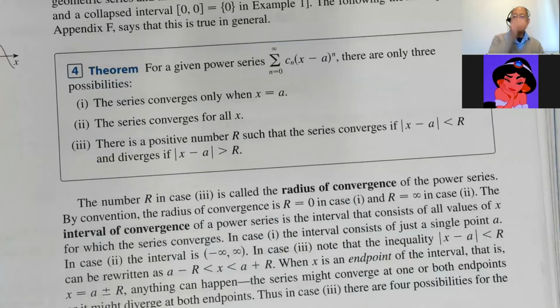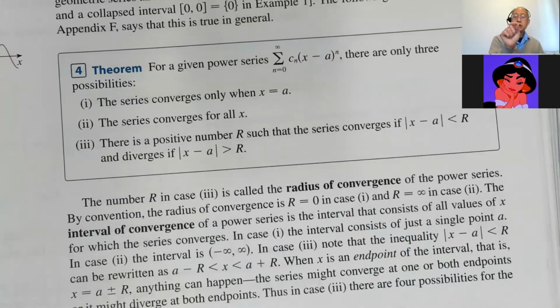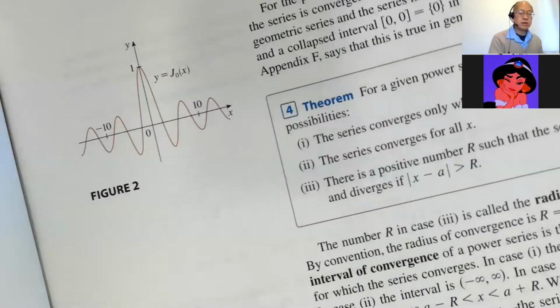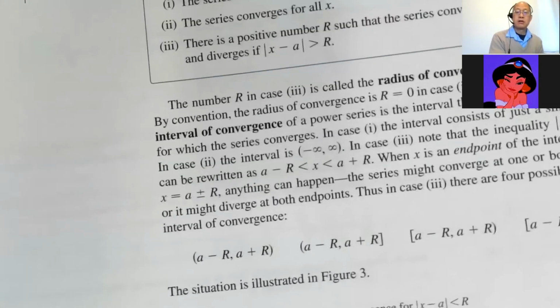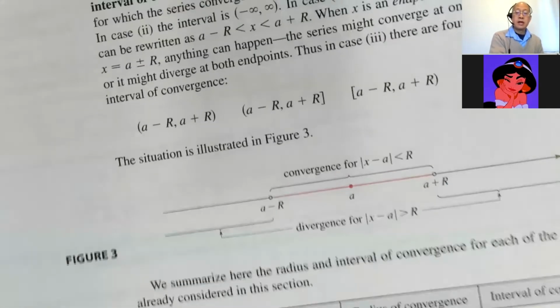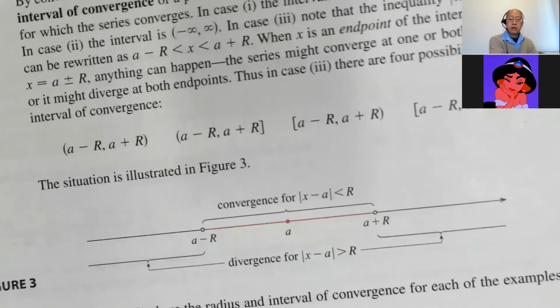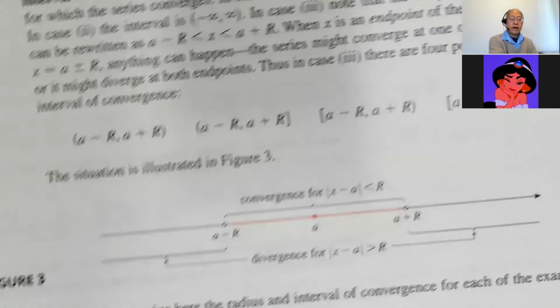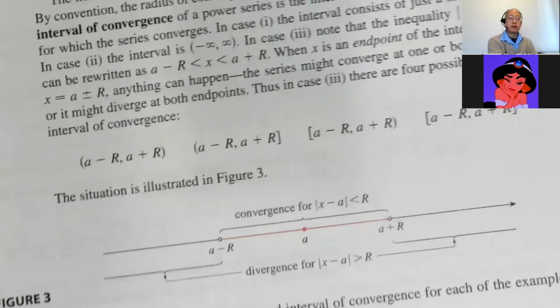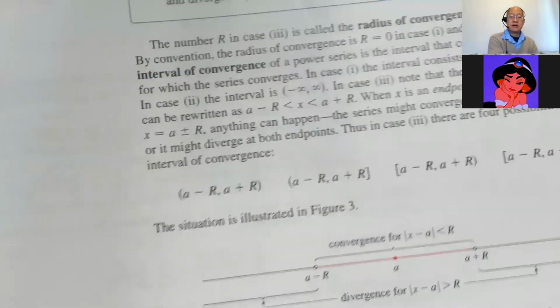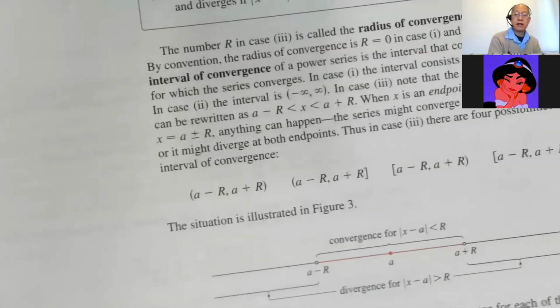What that means is starting from the center, you go a certain amount to the left and to the right, the same amount, and that'll give you an interval of convergence. Here's such a picture, figure 3.